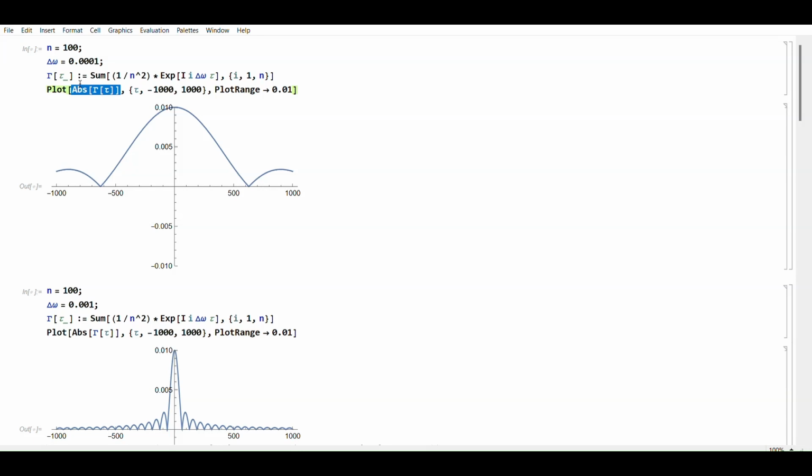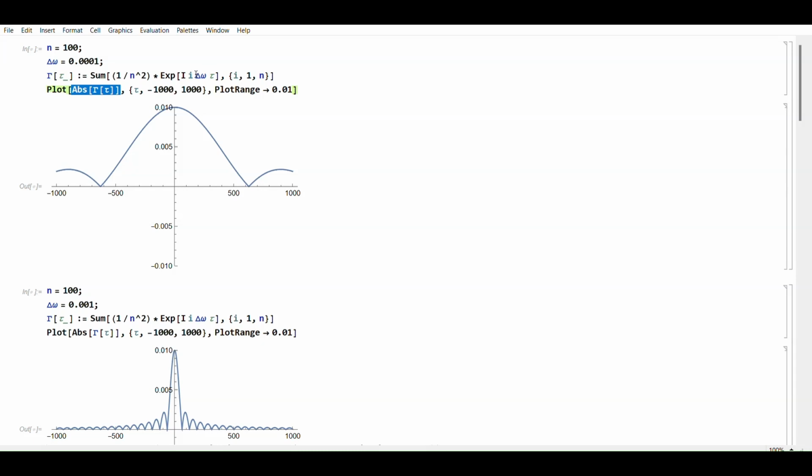So if you just go back and check what we have derived as the expression for gamma. By definition, gamma is nothing but mod a_n squared times exponential of i omega_n tau.